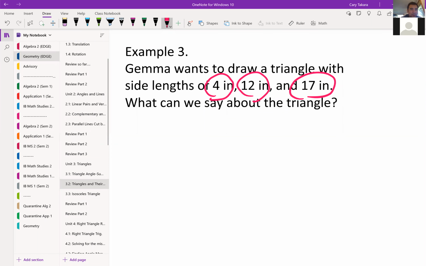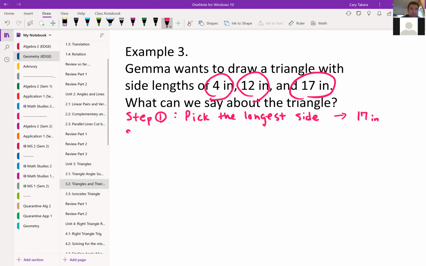The first step, let's say step number 1, you're going to pick the longest side, which is, in this case, what? Which one is the longest side? It's 17, isn't it? So it's 17 inches, okay?